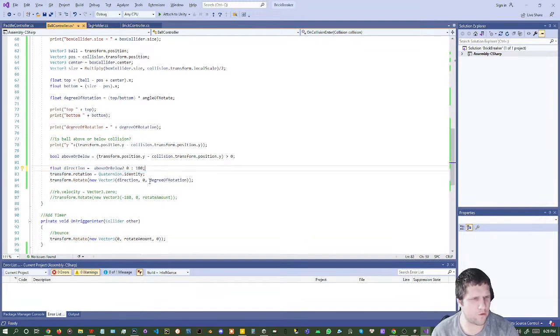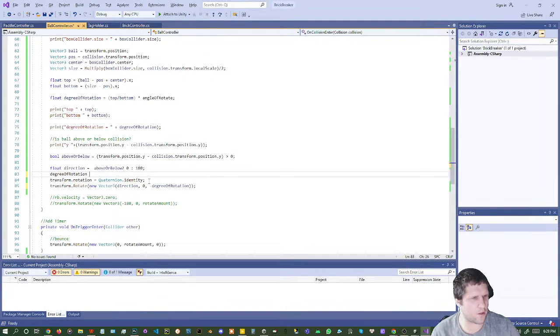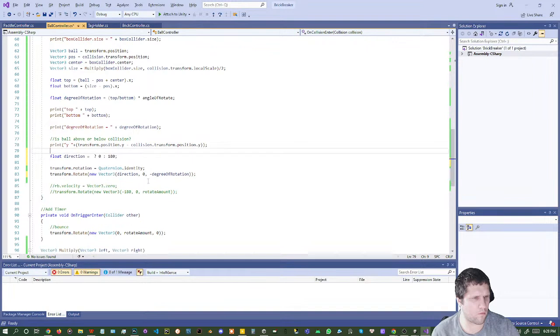I think it's safe to remove that. You know, let's just undo. Yeah.